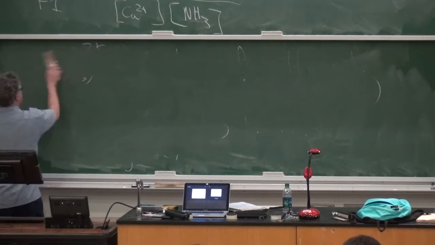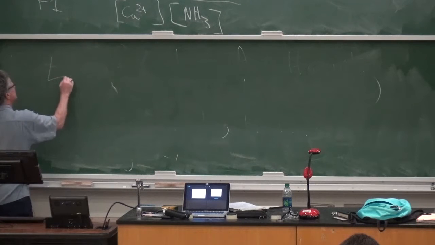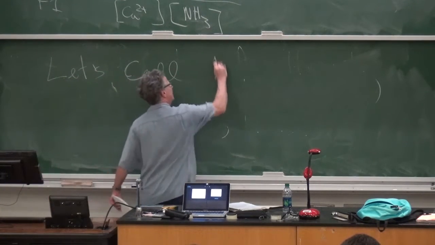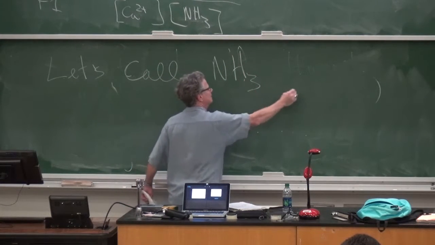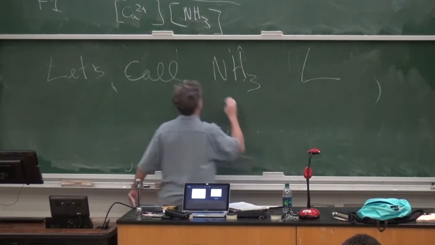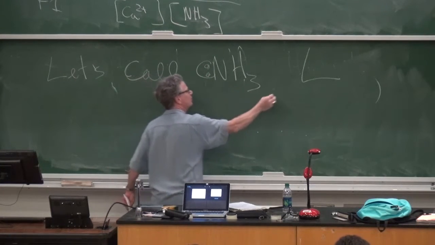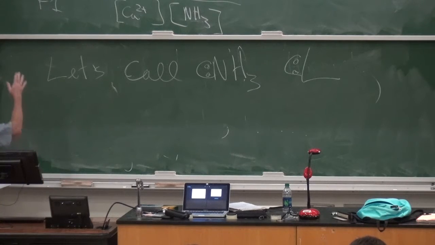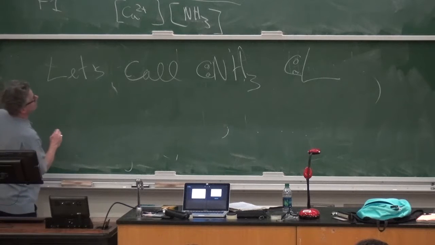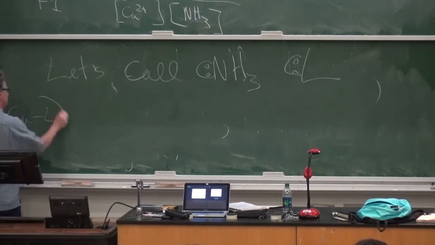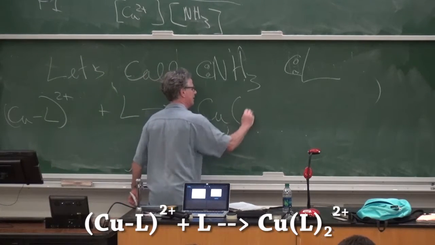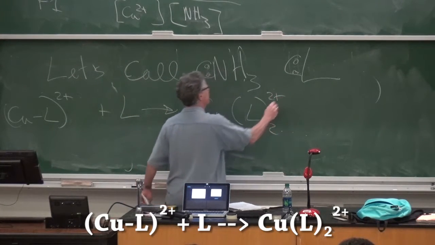This is just too much trouble to draw the NH3s, so let's call NH3 L. There's the lone pair in NH3, and we're going to call it L, just to make my life easier. So if we add more of the ammonia, then we could take that monoamine complex and add another ammonia to make the diamine complex.